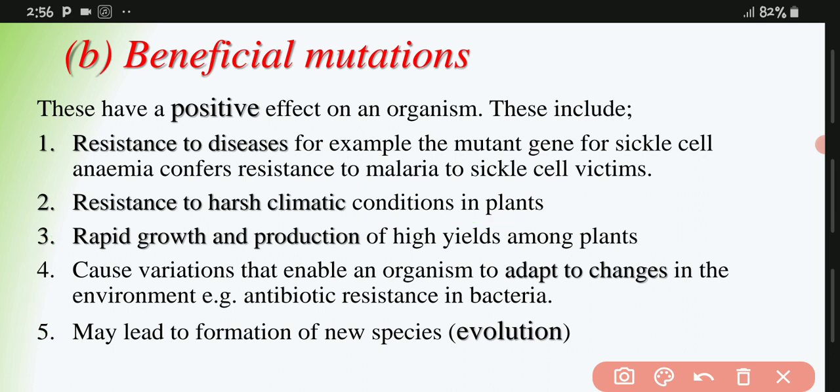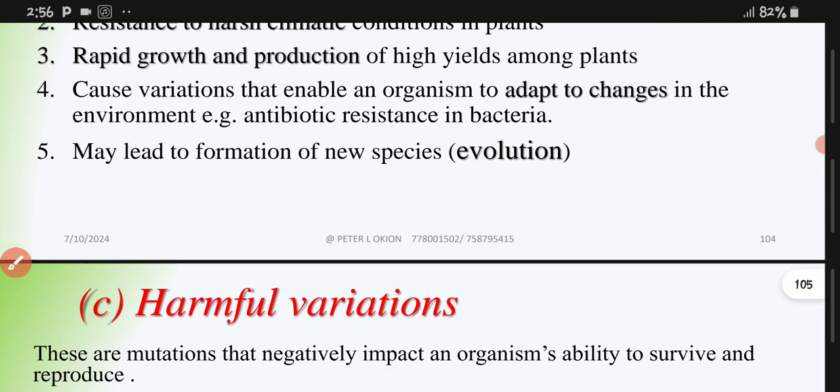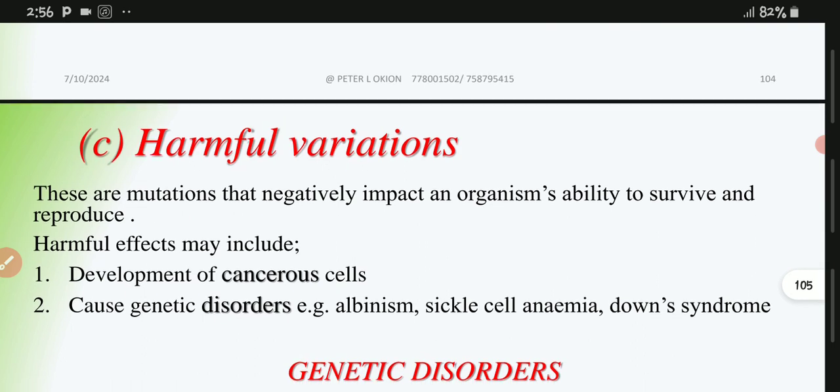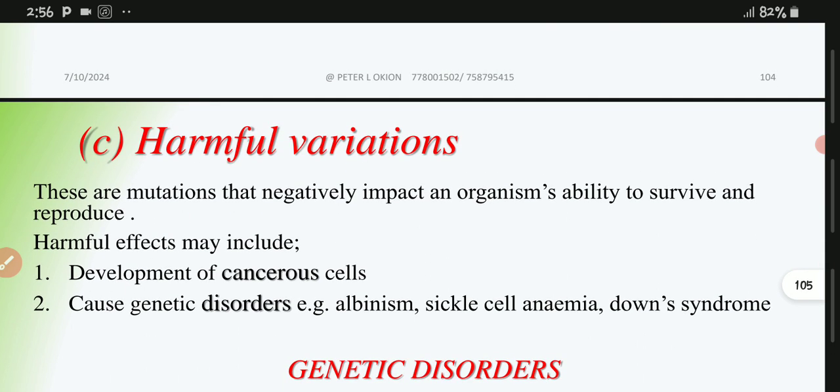Then we can look at some of the harmful effects. These are mutations that negatively impact an organism's ability to survive and reproduce.